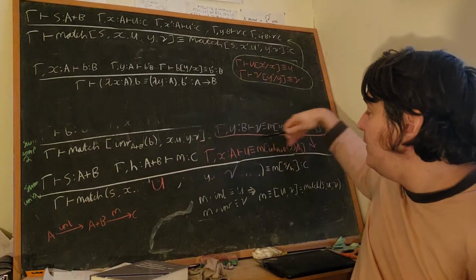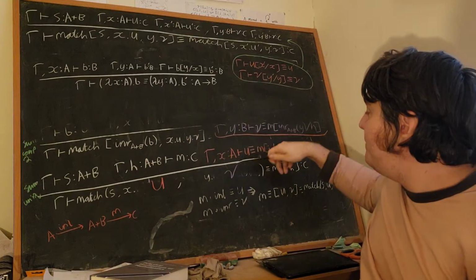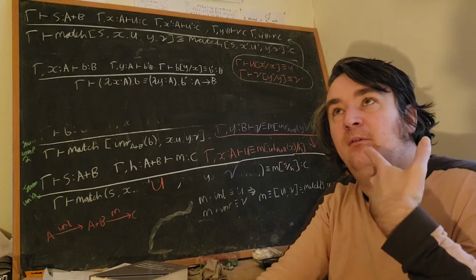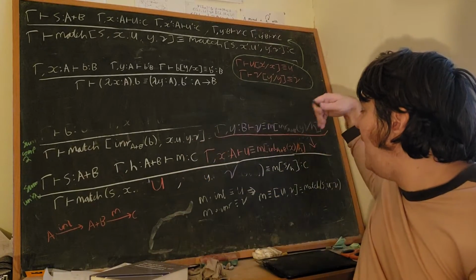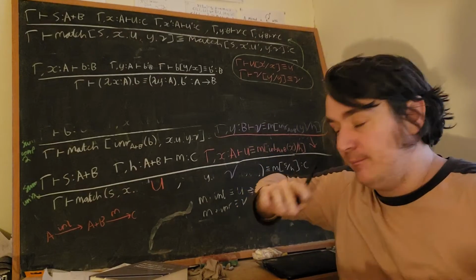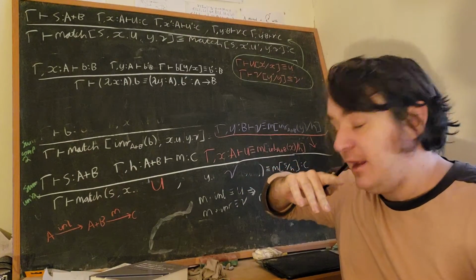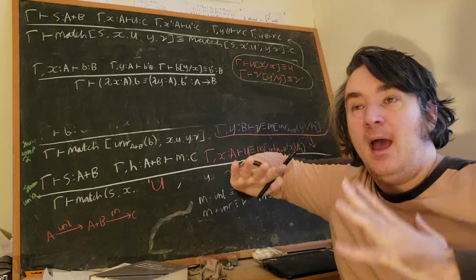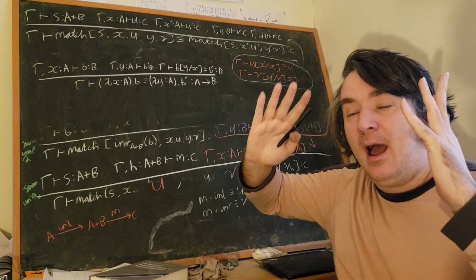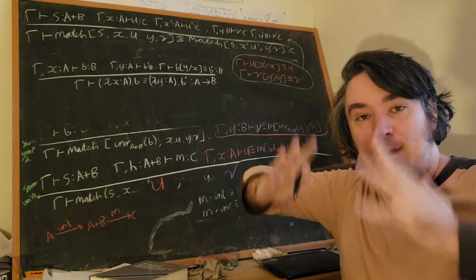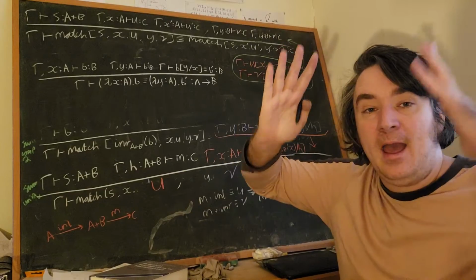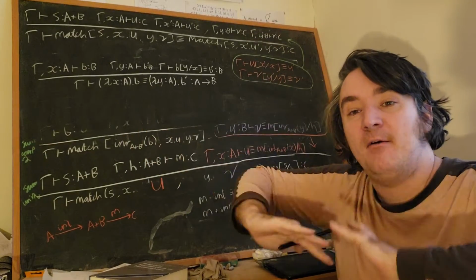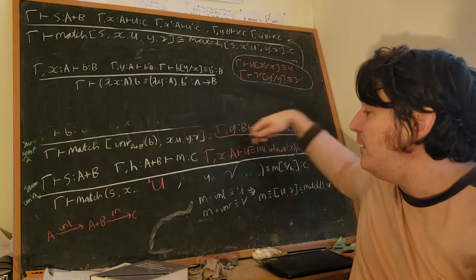It's saying that if we have this arrow M from A plus B to C, and M after the left injection is U and M after the right injection is V, then that M is equal to our match function, what should be this unique intermediary arrow. And indeed, this is what this result says.